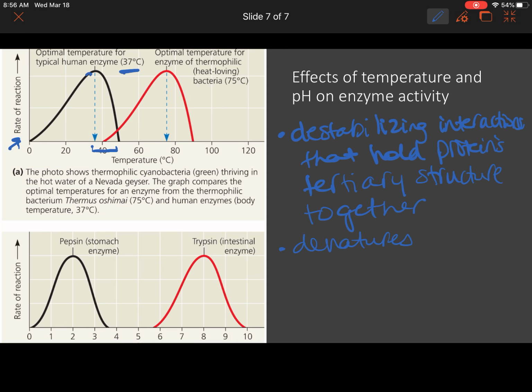Well, if you look on the other side of the optimum for humans, on the cold side, cold temperatures don't cause enzymes to denature, but they do cause everything to slow down. And what happens when you freeze something? Is it flexible anymore? Not usually, okay? So when you cool down enzymes, they become inflexible.